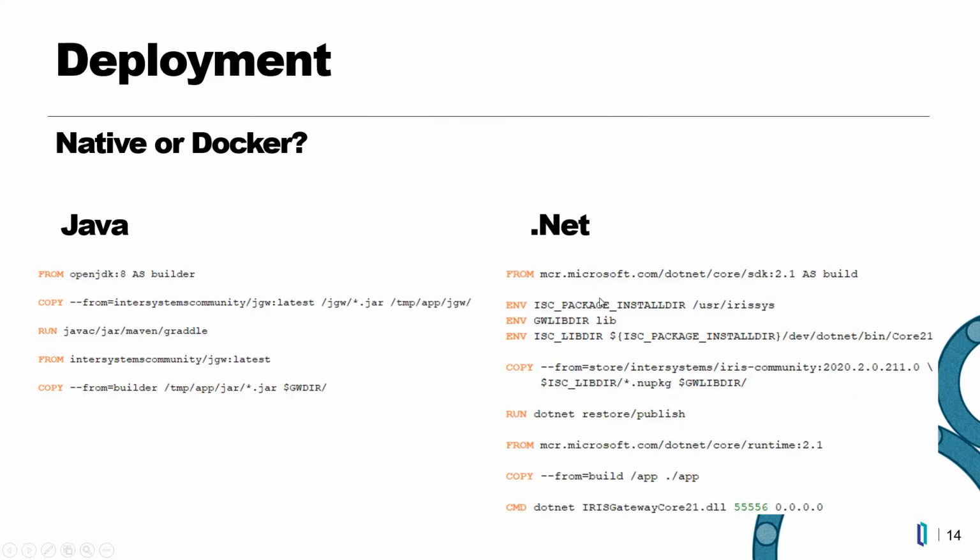Next part, after you developed your library and debugged it, is deployment. I'm not going to talk a lot about native deployment. It's, I hope, fairly well understood by this point, but Docker deployment contains some additional challenges which I would like to talk about, and the solution for these challenges is multi-stage builds.